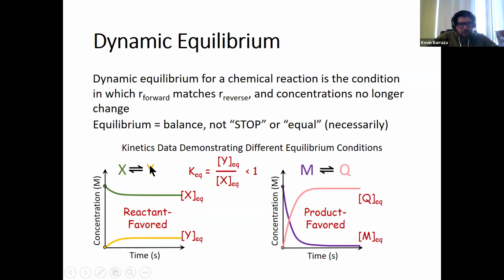So that's how we know this is reactant favored. Whereas in this graph, we see we used up a lot of our reactant, our purple line, and we have much more product at the end than reactant. So we used up a lot of reactant to make product. So that's how we know this is a product favored equilibrium.